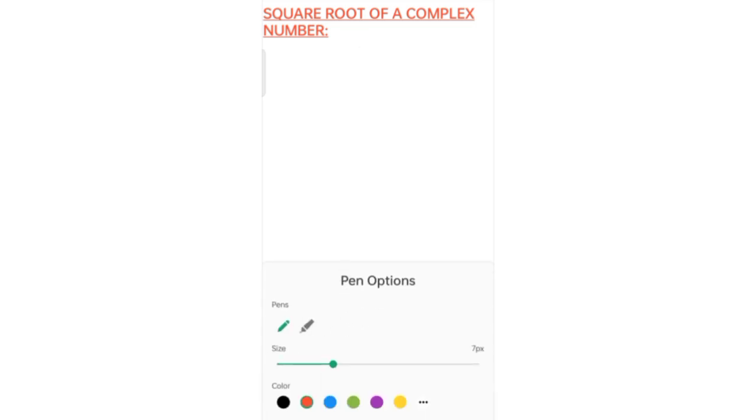There are many techniques. Basically there's a conventional technique and an unconventional technique. In the conventional technique we use a standard procedure, like a standard formula, to find the square root of a complex number. But in the unconventional way, people try to make a square term, so that the square root and the square get cancelled and we find the square root of it.